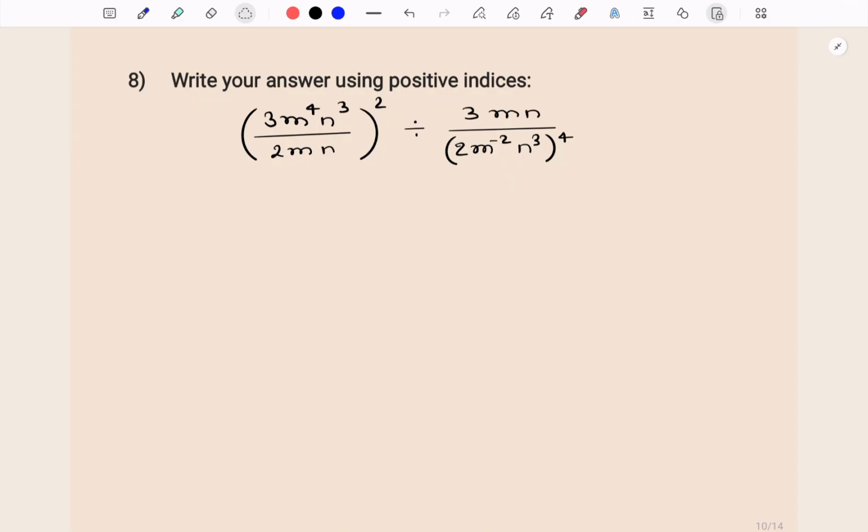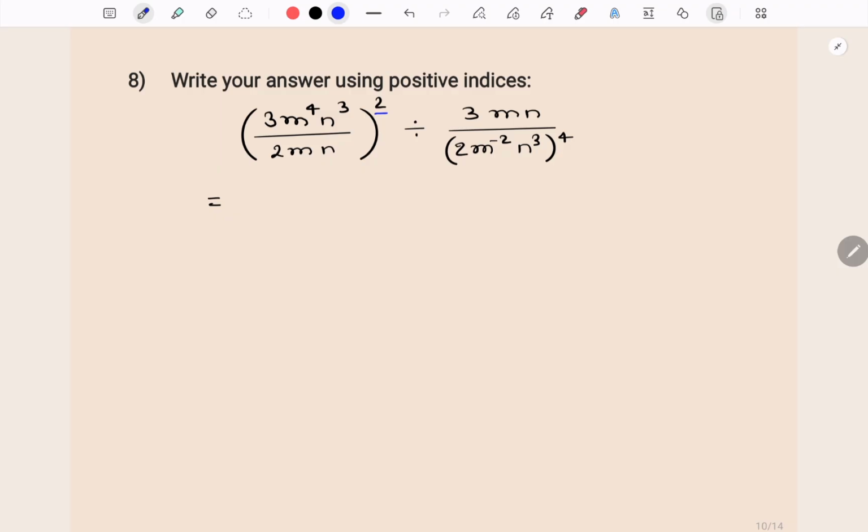Let's solve the next question. This is a challenging one. Let's do this. We have a bracket, and outside that bracket we have a power of 2. So we already learned that whenever we have a power outside the bracket, that power would be given to everything that is present inside the bracket.